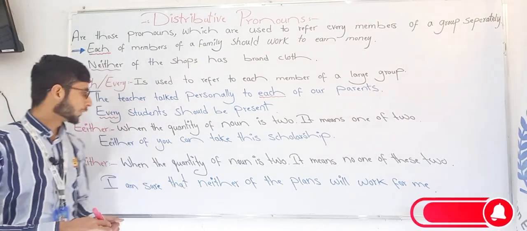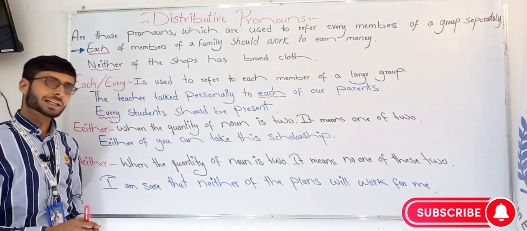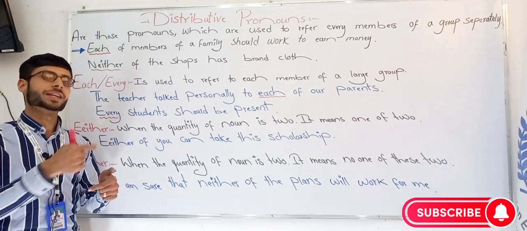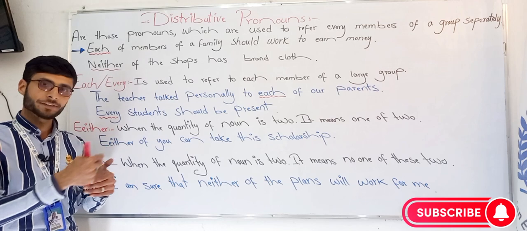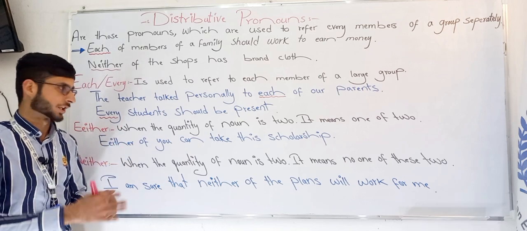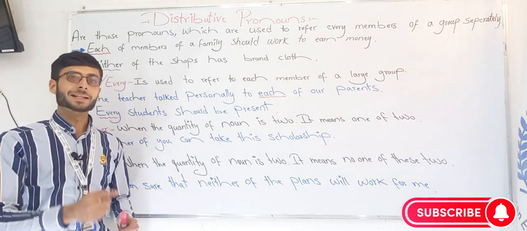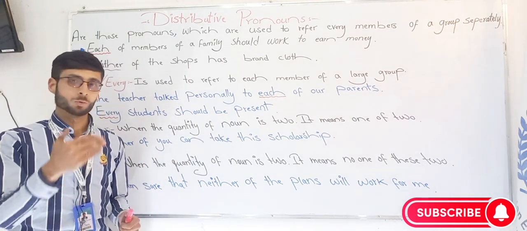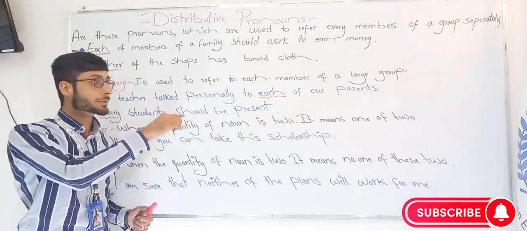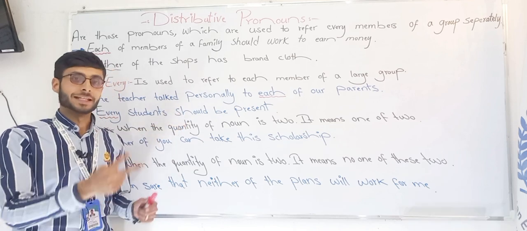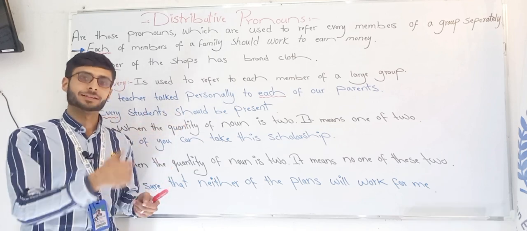The next one is either. Either یکی از دوتا. و یا میگیم یکی از دو نفر یکیش. از دو شخص یکیش. When the quantity of noun is two, یعنی مقدار noun ما دو دانه است. We want to talk about these two. It means one of the two. یعنی از دو نفر یکیشه. دربارش گپ میزنیم.